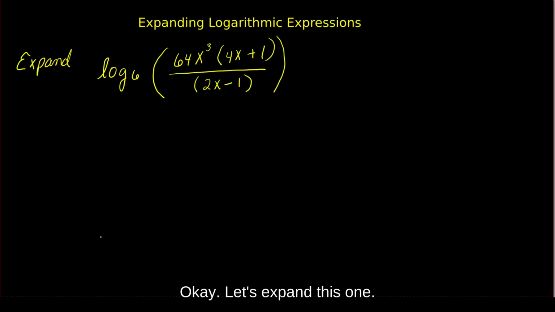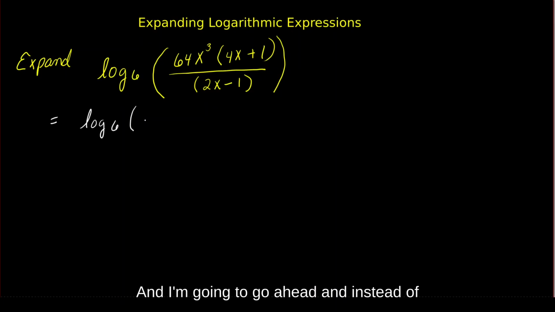Okay, let's expand this one. Okay, so I'm going to say this is equal to, let's write the top first, so it'll be the log base 6. And instead of doing it step by step, I'm going to skip a couple steps.